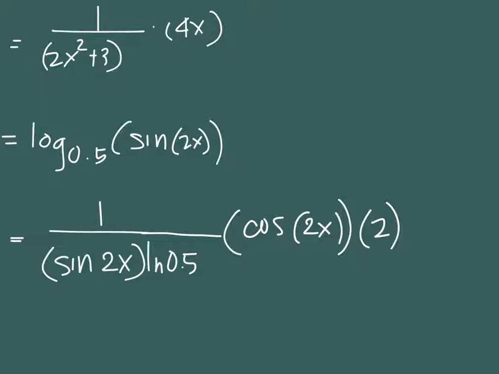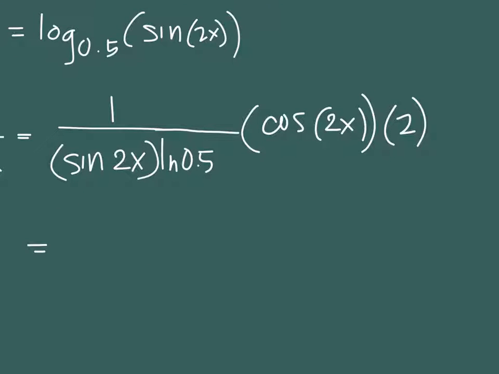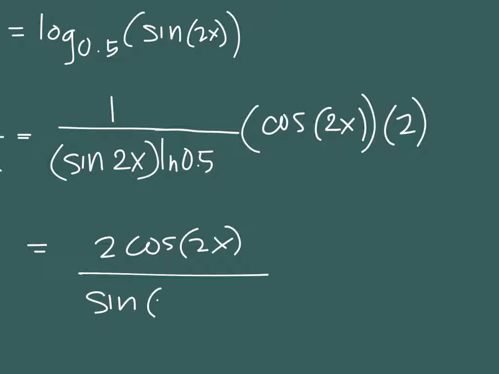And then we can just rewrite this as 2 cosine 2x over sine 2x ln 0.5. How else can you write this without using two trigonometric expressions? Cotangent, very good.